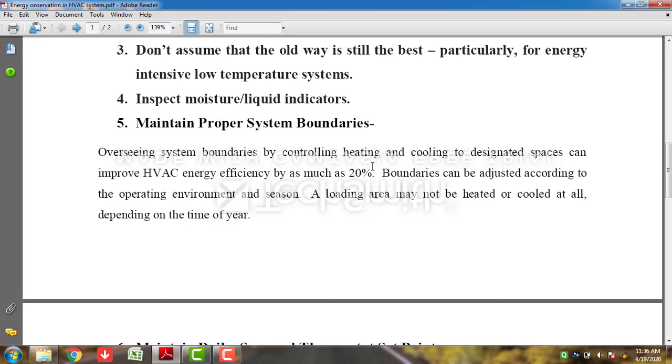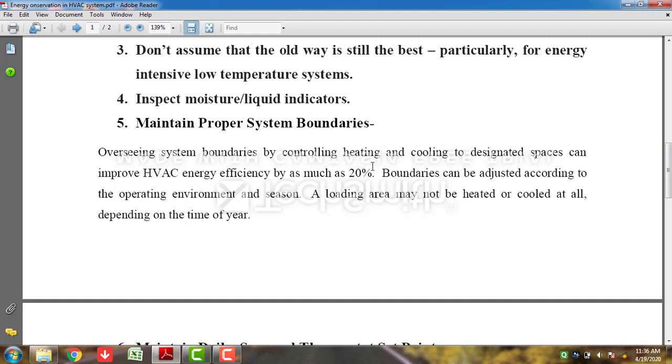As far as a heating system is concerned, moisture will definitely increase the energy consumption. Why consumption? Because if the air contains moisture, you will require more energy to remove that moisture, and then you heat that air to a certain level.